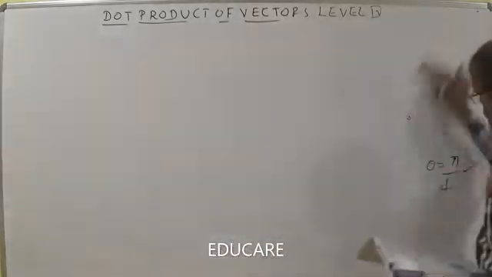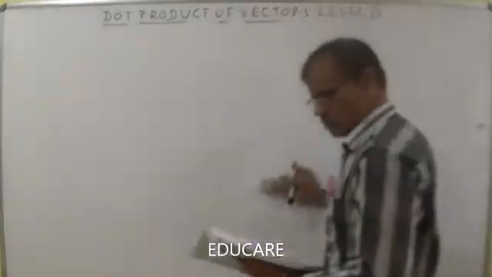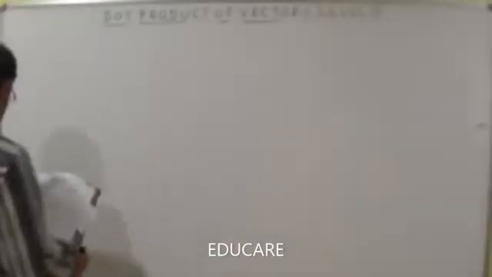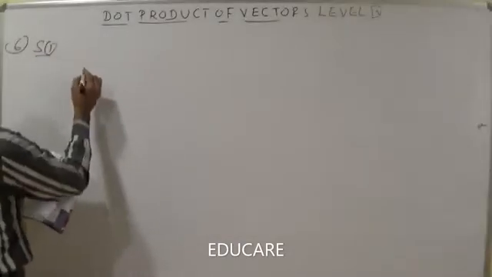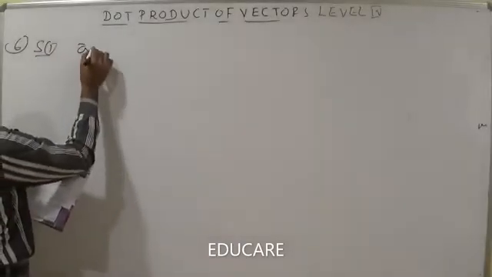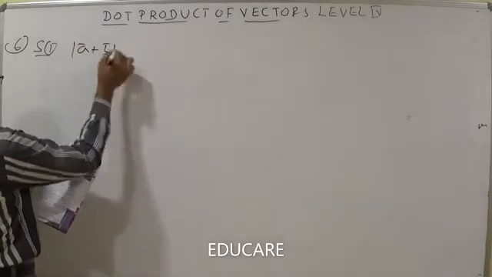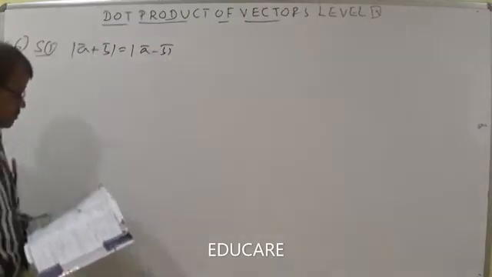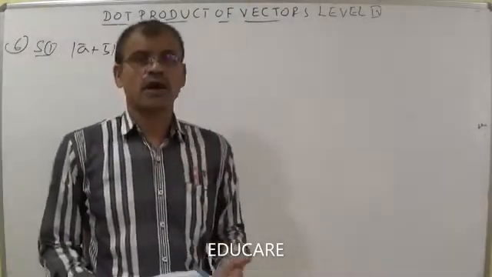Next, statement 2: A plus B whole square equal to mod A square plus mod B square plus 2 A cross B. Statement 1, I am writing. If modulus of A bar plus B bar is equal to modulus of A bar minus B bar, then A bar and B bar are orthogonal.